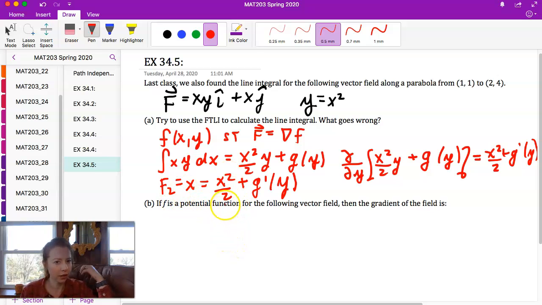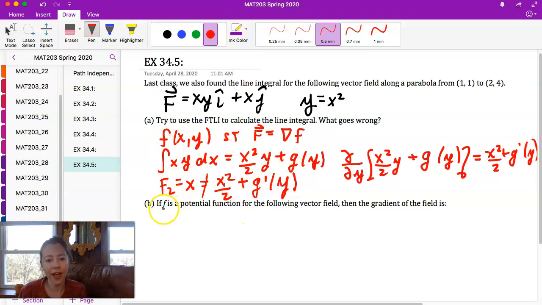That can't be. And so we can't solve for this. So this is not equal to our f2, which is x. All right, so it doesn't work. We can't find that potential function. Okay, so here is our hiccup right here.